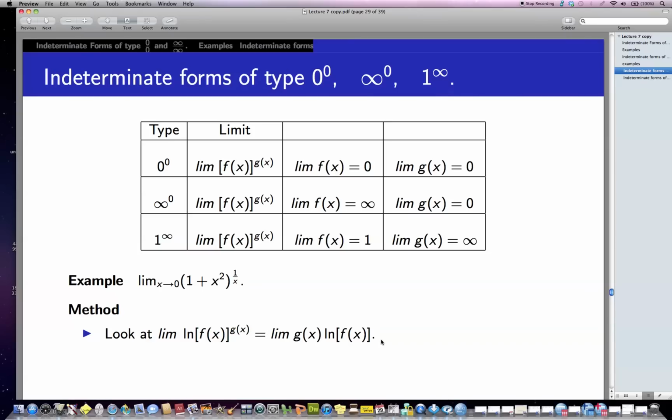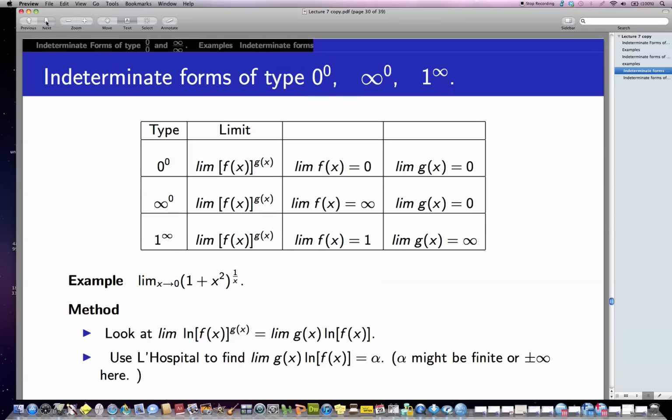And you'll see that in all of these cases, this will give us an indeterminate form of type 0 times infinity, which in turn I can convert to an indeterminate form of type 0 over 0, or infinity over infinity, and hopefully calculate with L'Hopital's rule.